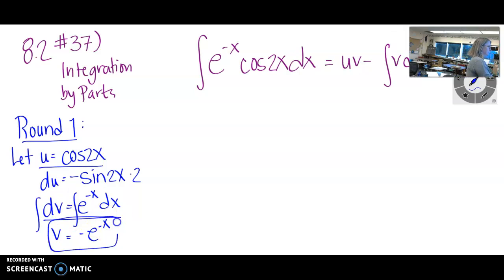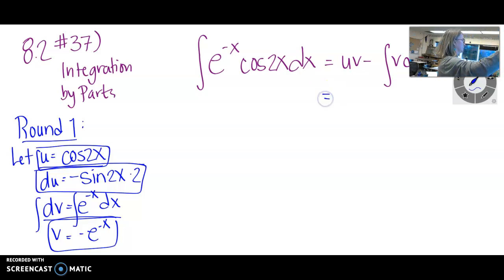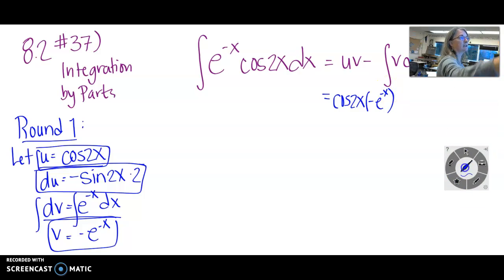So we have our v, we have our u, we have our du, and this is round 1 of integration by parts. I'm going to have to do it a couple of times. All right, so we have our u, which is cosine of 2x, times v, which is negative e to the negative x. I'm going to rearrange that here in a minute.